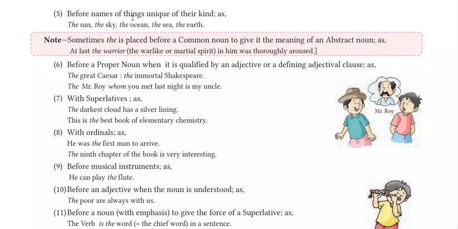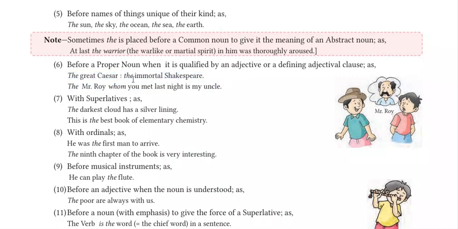The names of unique things of their kind. For example, the sun, the sky, the earth, the sea. Proper nouns when qualified by an adjective or a defining adjectival clause, like the great Caesar, the immortal Shakespeare.